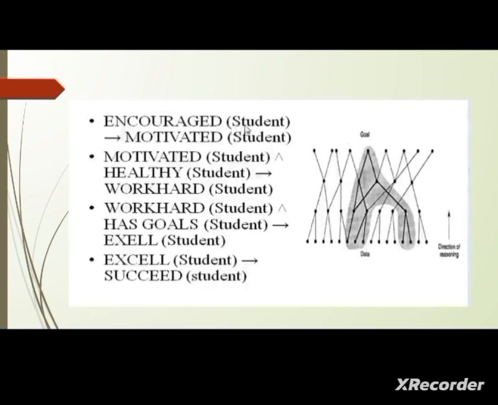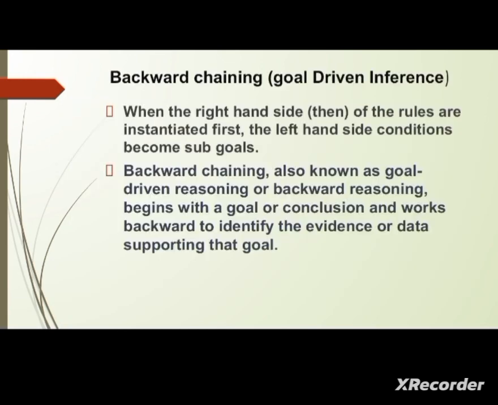Then backward chaining. Backward chaining is also known as goal-driven inference. When the right-hand side, the then part of the rules, is instantiated first, the left-hand side conditions become sub-goals. So this works in the right to left direction.